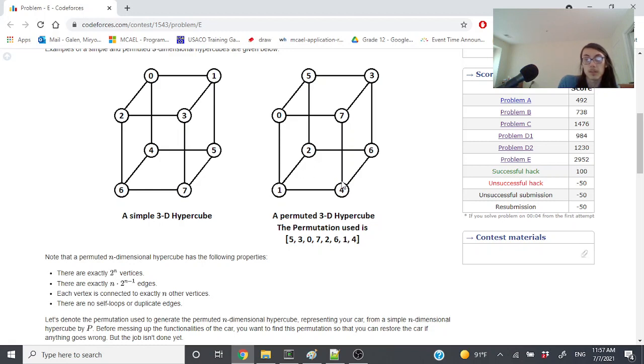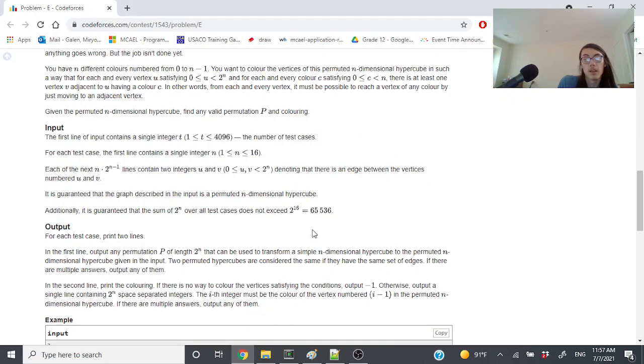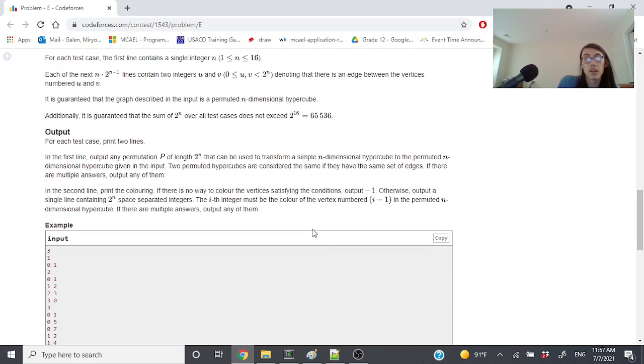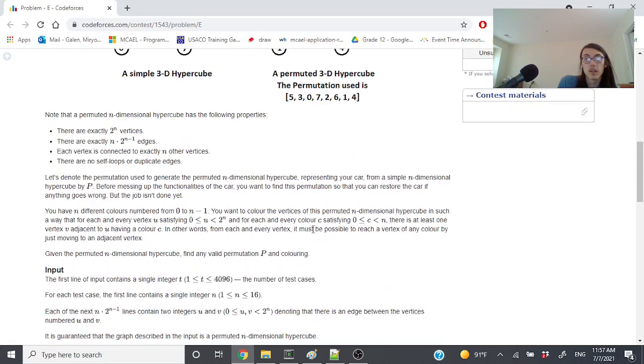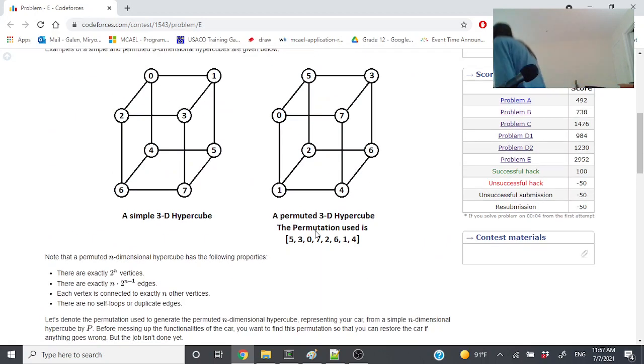Now this must be 0. Yeah, so this must be the same color as this, right? Interesting. It's so weird. Okay.